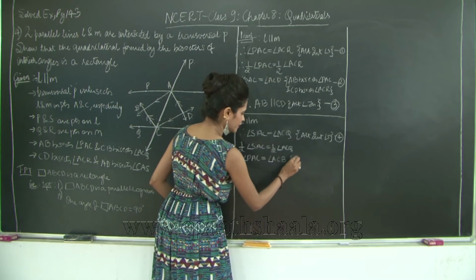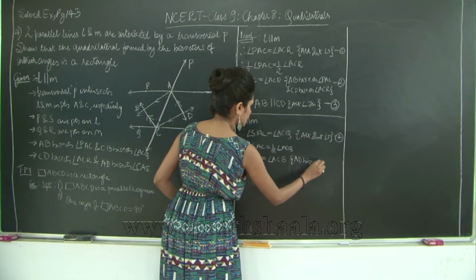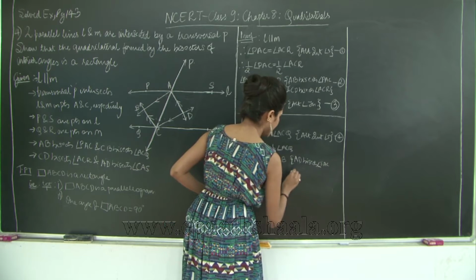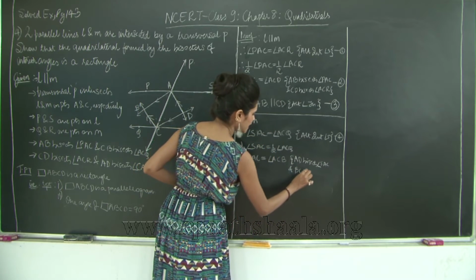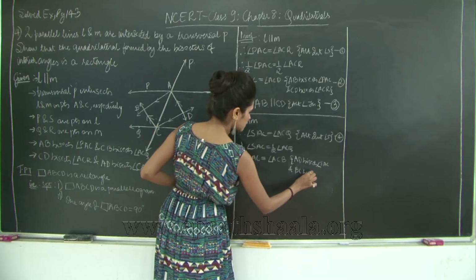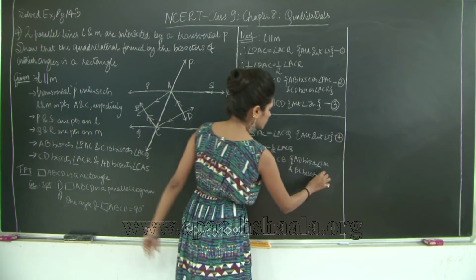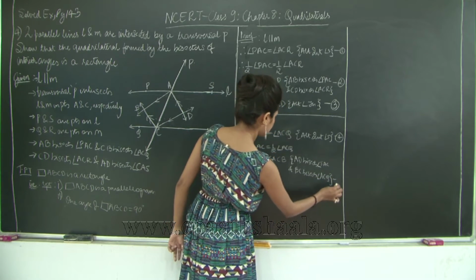Because I have AD bisects angle SAC and CB bisects angle ACQ. I'll mark this point as 5.